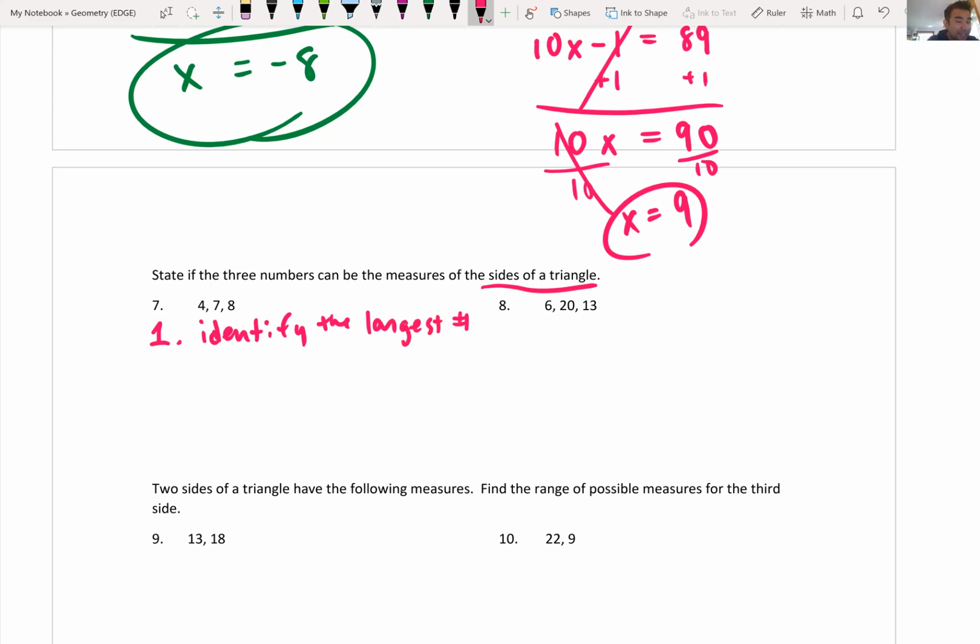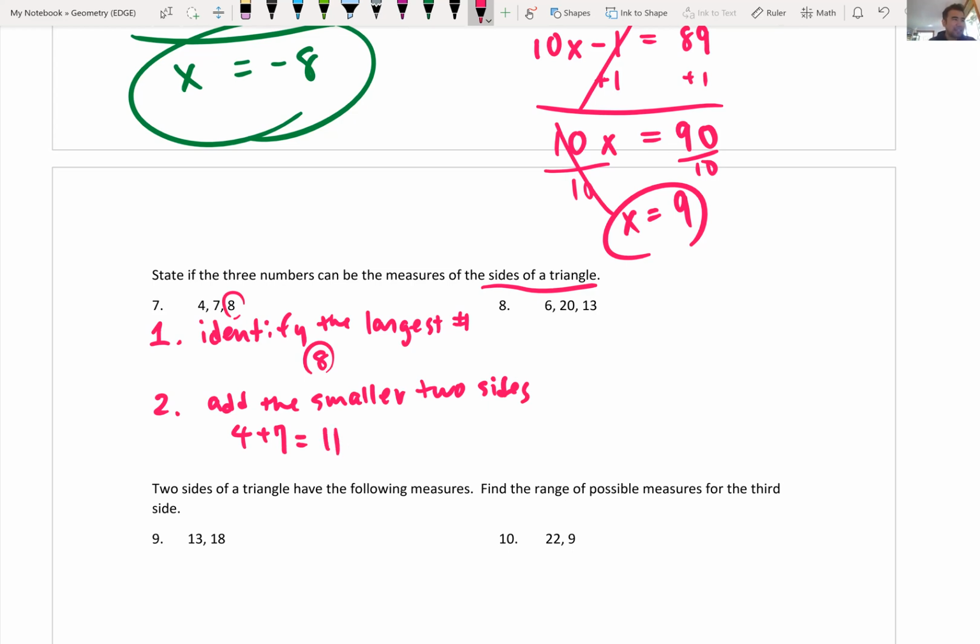And in this case, it is 8, isn't it? Next, you're going to add the smaller two sides. That means you're going to add 4 plus 7, which is 11, isn't it?